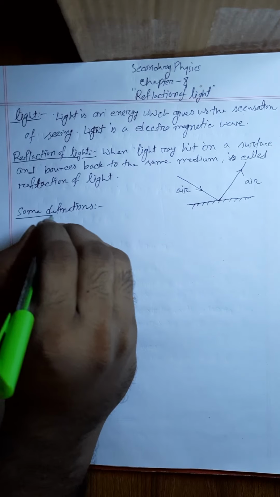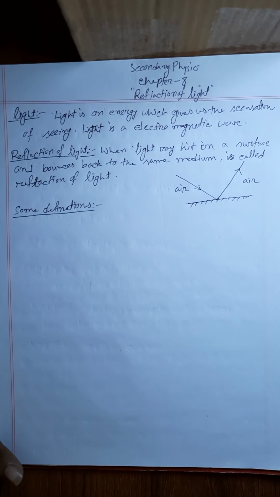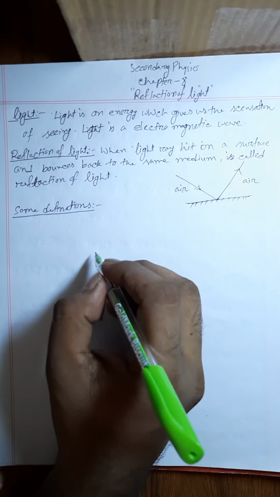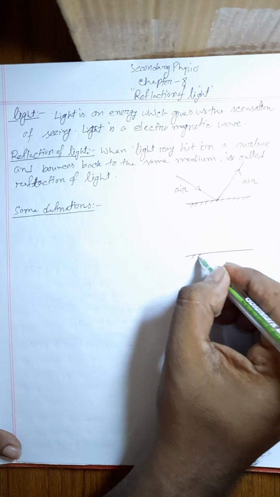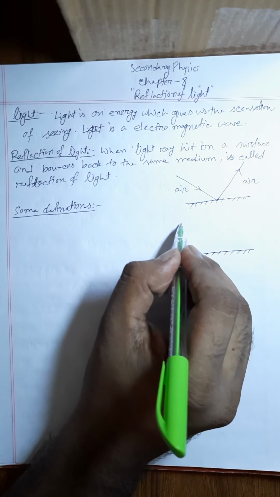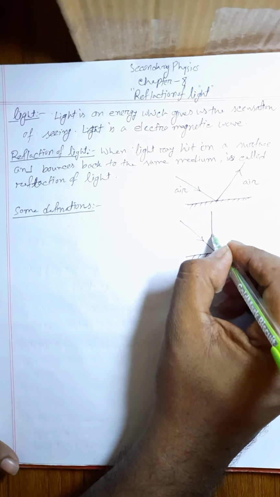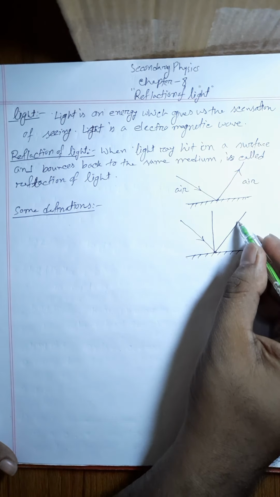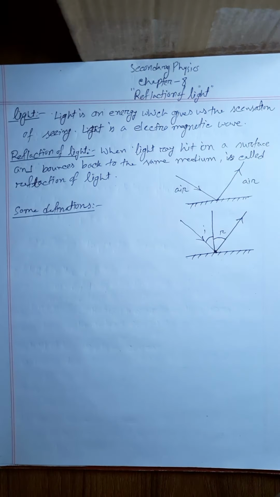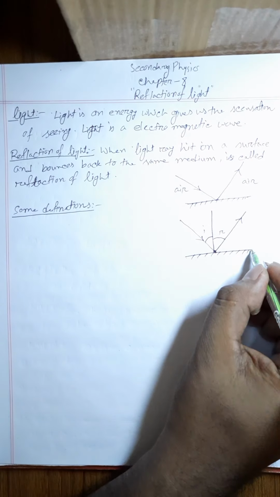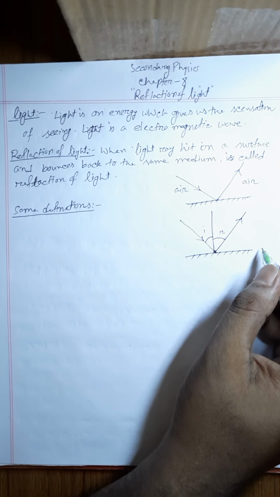Some definitions. Now, first we will draw a figure, like this. Okay, this is the surface.